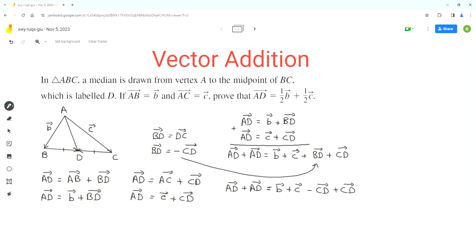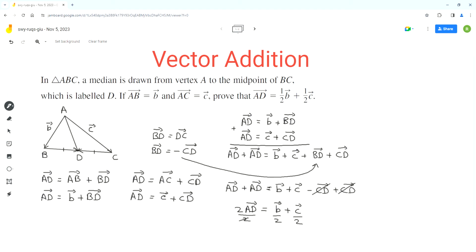Now we can simplify this equation. On the left side, vector AD plus vector AD will become 2 vector AD because they are the same vectors. And on the right side, CD and negative CD vectors will cancel each other out. So we get vector B plus vector C. And now we can isolate AD by dividing each vector on both sides of the equation by 2.